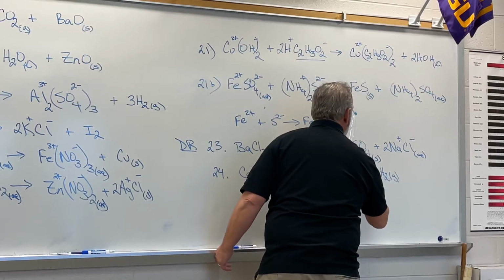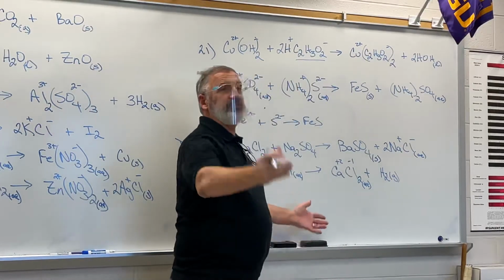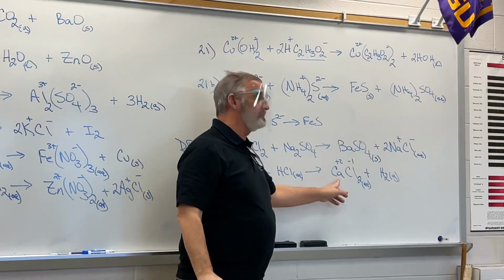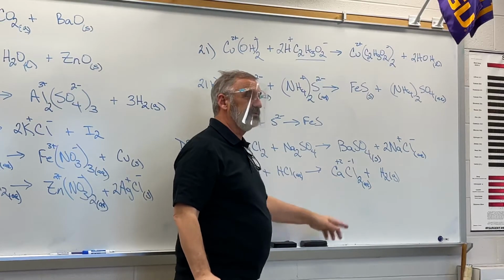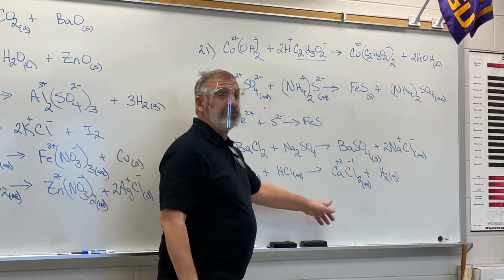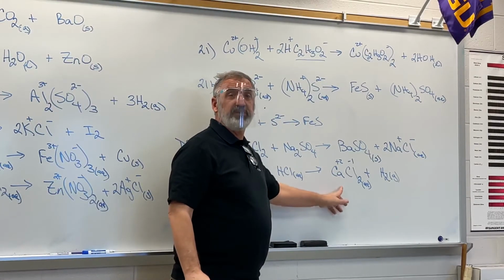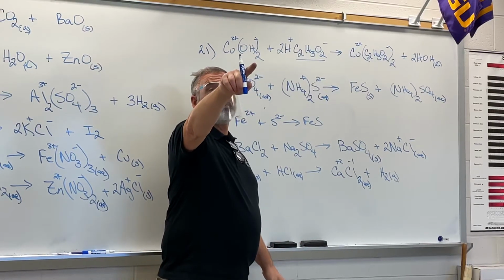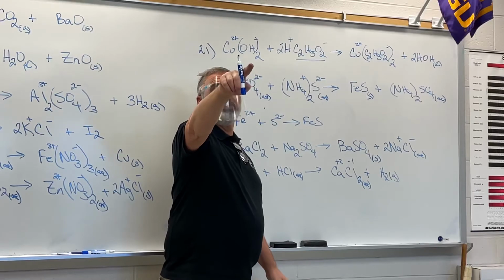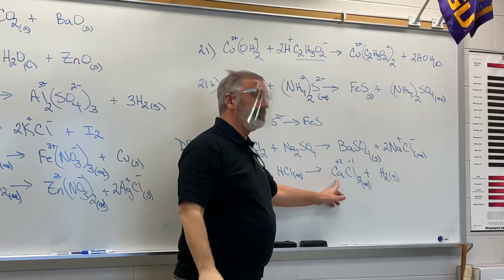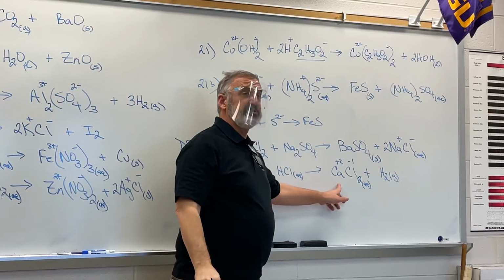And this one, you look up on the solubility chart and say, oh, chloride, well, only silver, lead, mercury are precipitates, so this one would be soluble. You're not going to just be expected to know that this is soluble, you have some kind of reference. But again, if you look up there, Cl minus, most chlorides are soluble, only silver, lead, mercury, and thallium form a precipitate, and calcium is not one of those 4. So it's soluble.